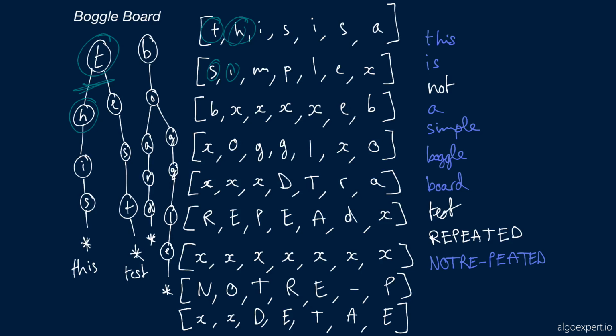So that allows us to very easily do this string matching. So now, after the H, we can see that this I is contained here in the tree, so we can dive deeper into it. Then this S is contained, and now we've got an end symbol, so we know that we've got a string here, and we can add the string this to our final list of words that we're going to return. Okay?